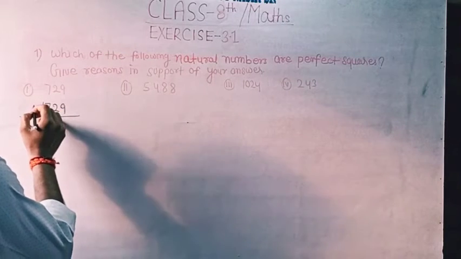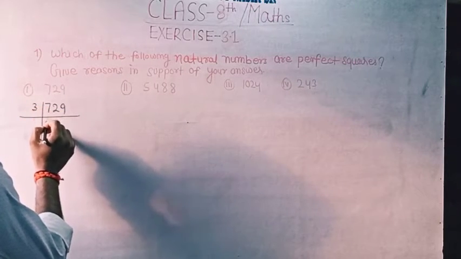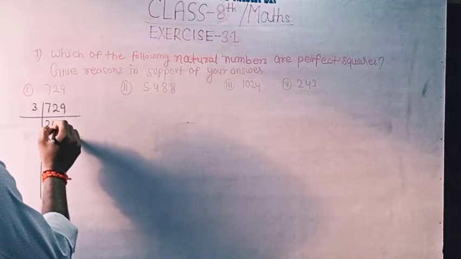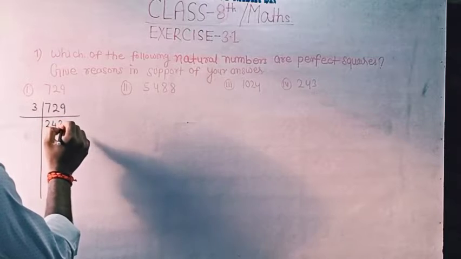729 is divided by 3. 3 times 2 is 6, 3 times 4 is 12, 3 times 3 is 9.